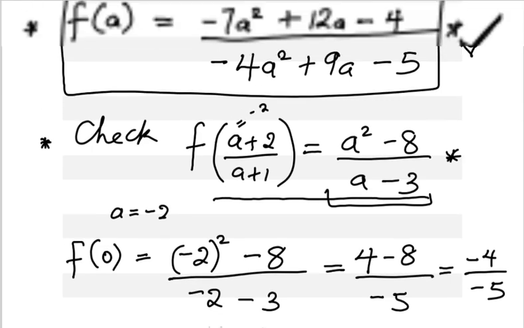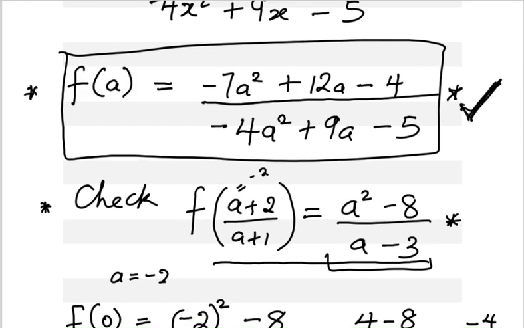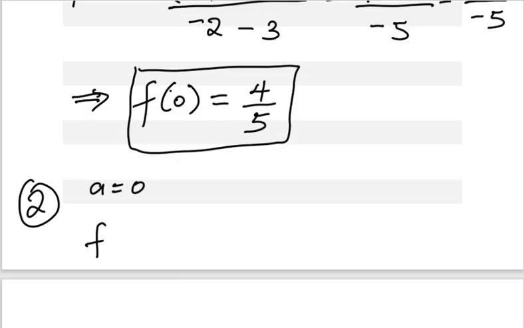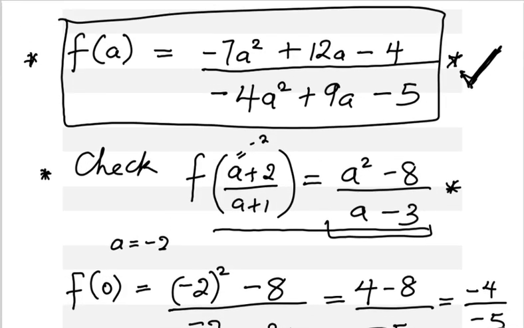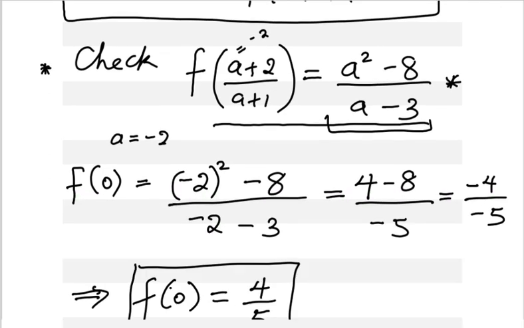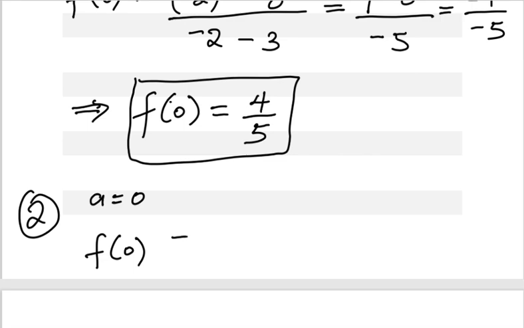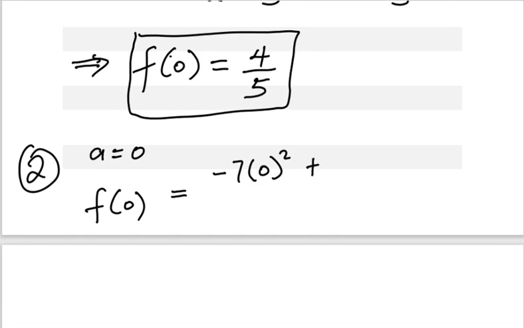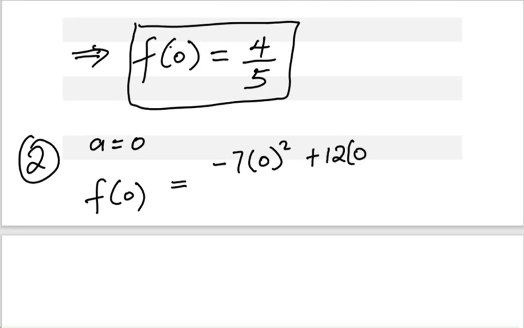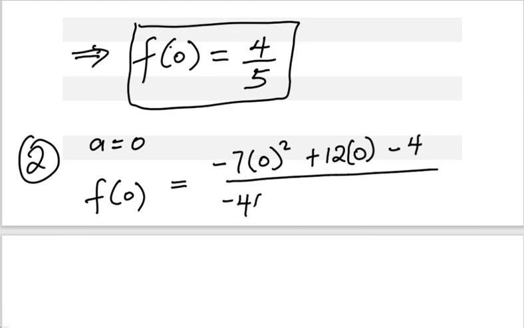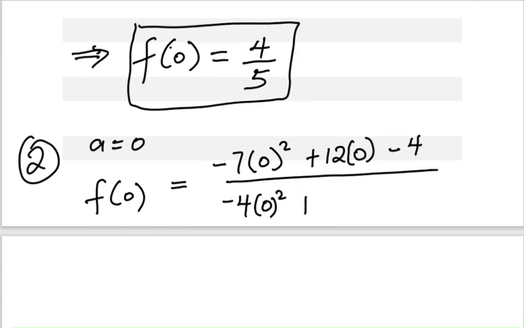Now let's apply the same to our solution for f of a and see if it's going to work. So here we already have f of a, so we're just going to make a 0. F of 0 is equal to negative 7 times 0 squared plus 12 times 0 minus 4, all over negative 4 times 0 squared plus 9 times 0 minus 5.